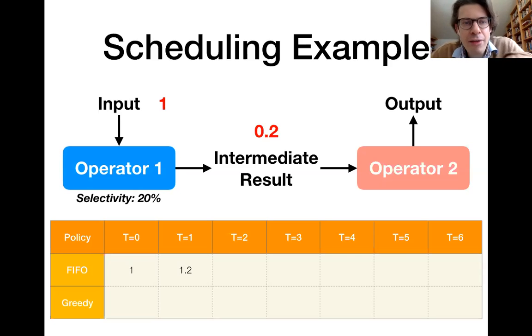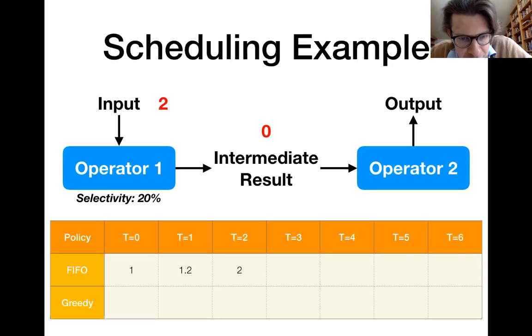On the other side, we have this current input batch in the first queue, and one more batch will be added in the next timestamp. So this is how the queue sizes evolve. And now, as you see, we already have a combined queue size of 2 in the entire system. So now we have completely processed the initial input batch.